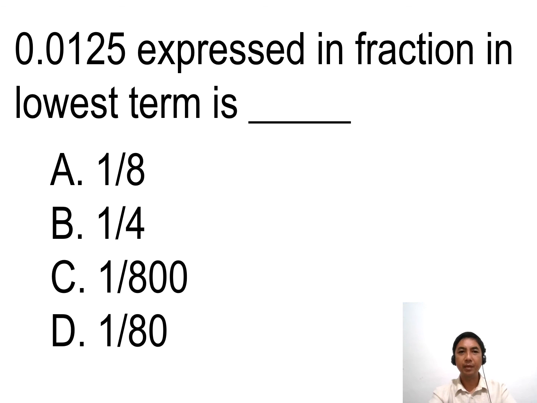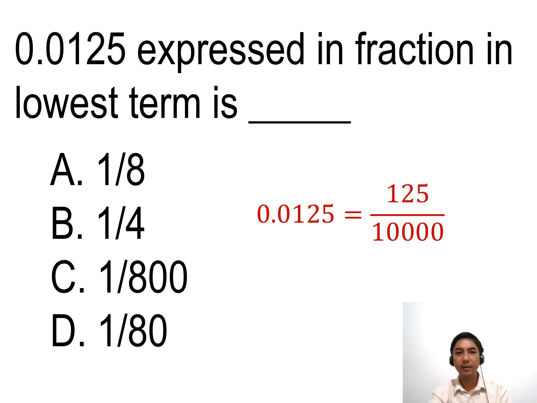Okay, next. 0.0125 expressed in fraction in lowest term. So the correct answer po is, ito muna yung solution niya. We know that 0.0125 is 125 over 10,000. Saan galing po yon? Nag-move tayo ng 1, 2, 3, 4.